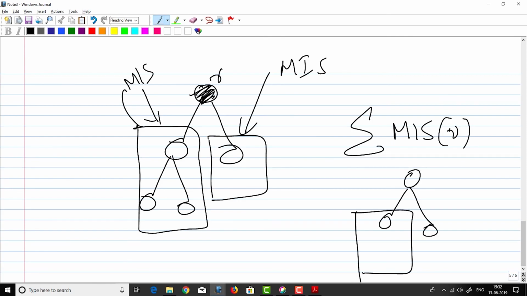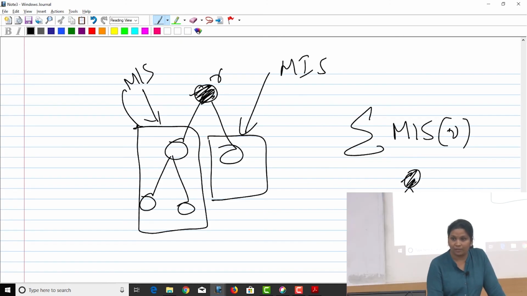So you cannot take the maximum here because it may contain this node, the child node. So what you're suggesting is, if the child node is there, don't take that. We cannot have it, right?